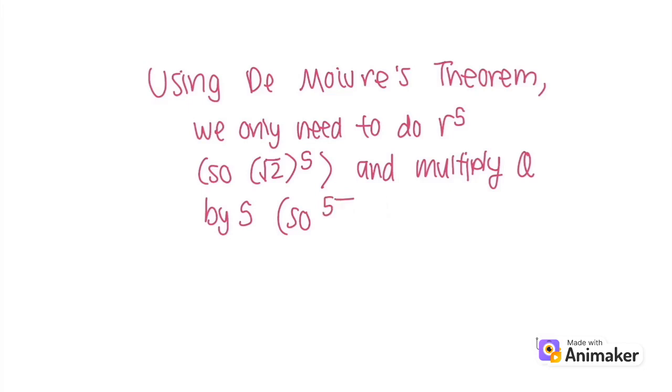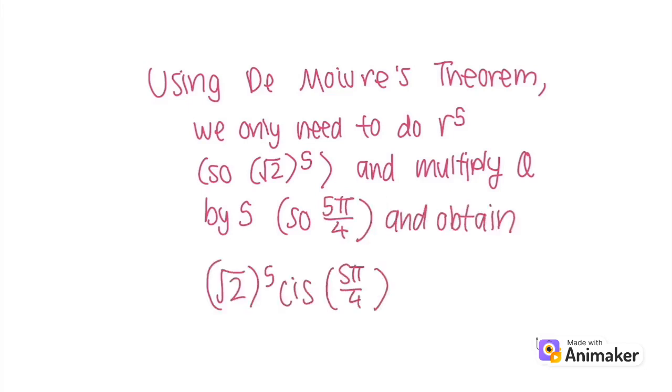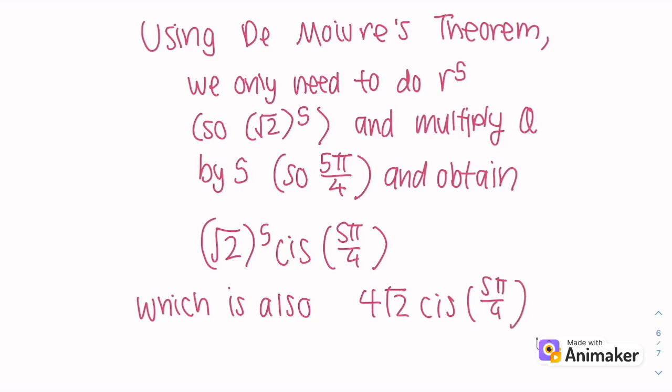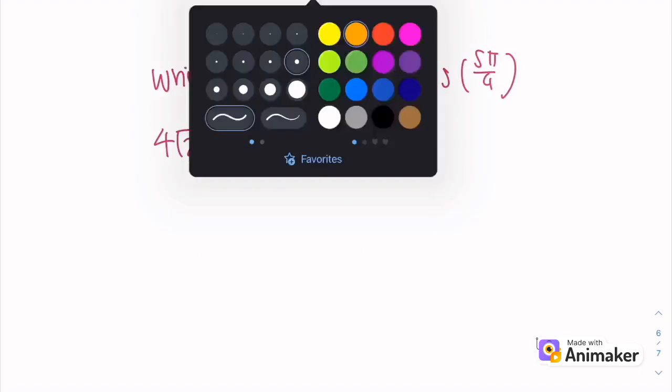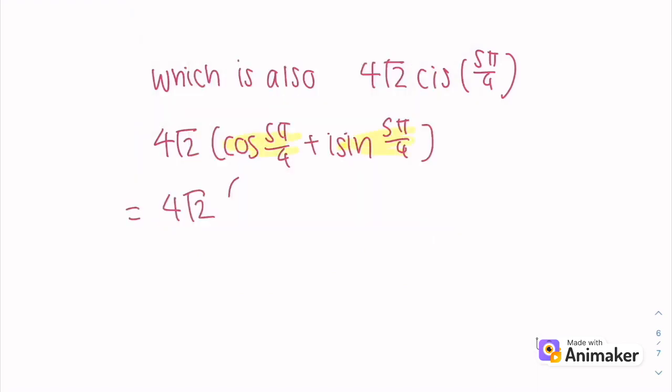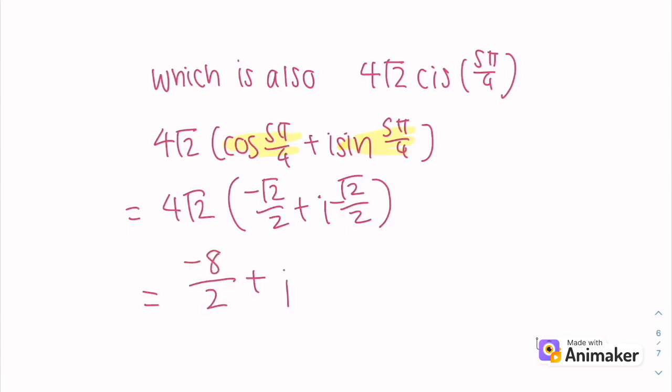Thus, we will obtain the new answer. We can also expand this out, which will give us 4 root 2 cis 5 pi over 4, and thus, by expanding, we are able to obtain the final answer in rectangular form, which is negative 4 minus 4i.